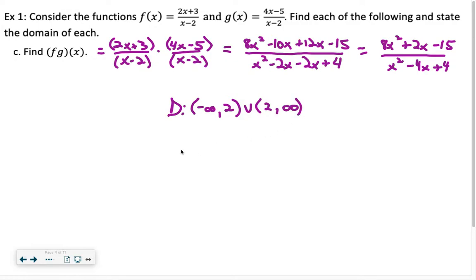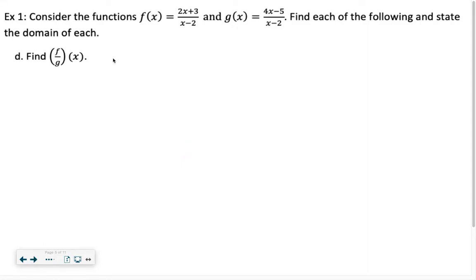All right. Now, division. So I can write division a couple of different ways. So I'll write it as a complex fraction first. So this would be 2x plus 3 over x minus 2 over 4x minus 5 over x minus 2.